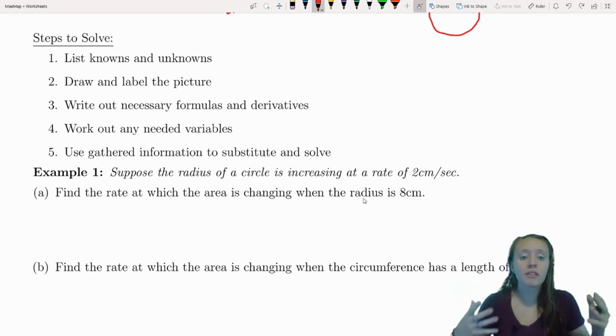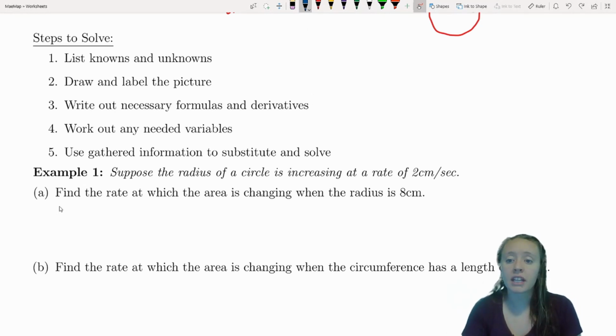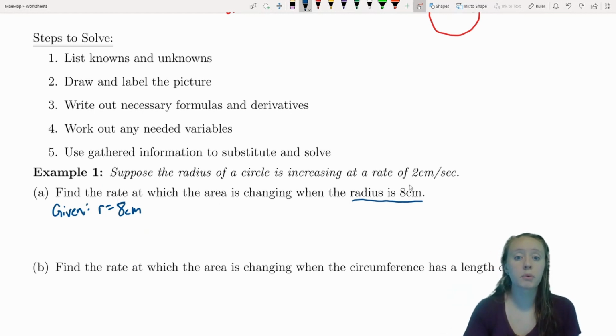So step number 1, I'm going to start with my knowns and unknowns. What's given and what am I trying to find? My given information, from part A, says my radius is 8 centimeters. So I'm going to say that r equals 8 centimeters. And also from the prompt of example 1, my radius is increasing at a rate of 2 centimeters per second.